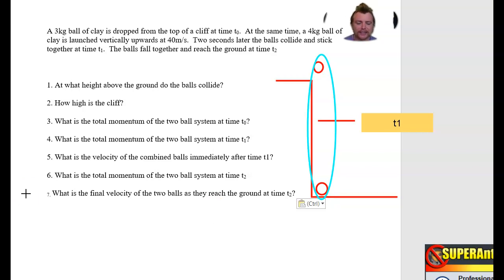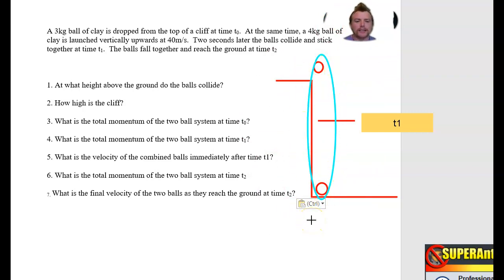In that case, I can find the initial momentum of this system is the sum of those two momentums. And a lot of the collision stuff that we've looked at before says that in a collision, the momentum is conserved, which is true. But the momentum is conserved only when there's no outside force.